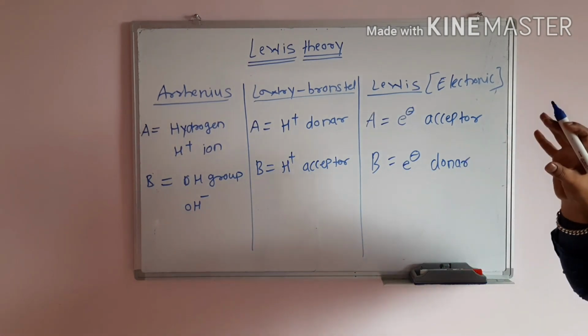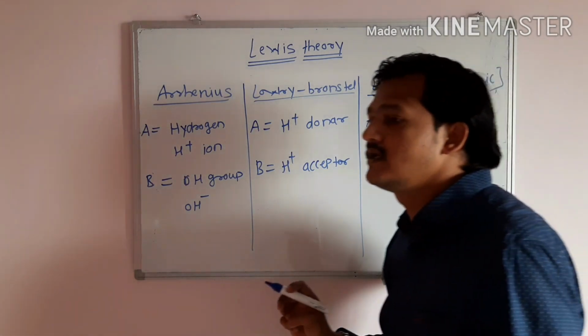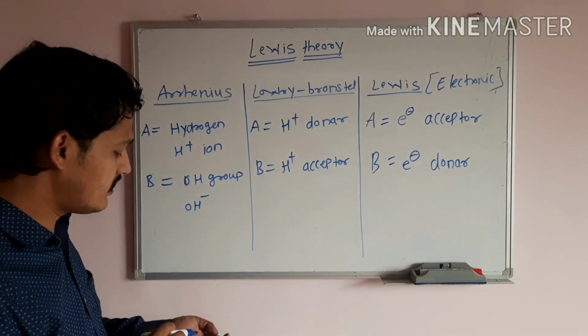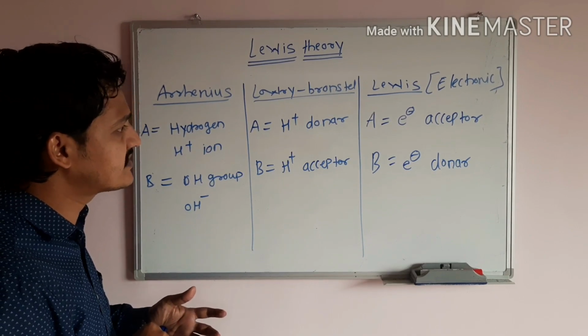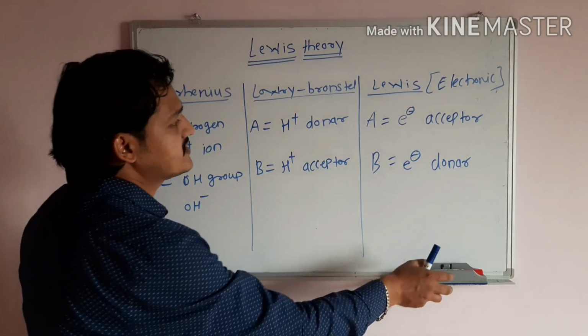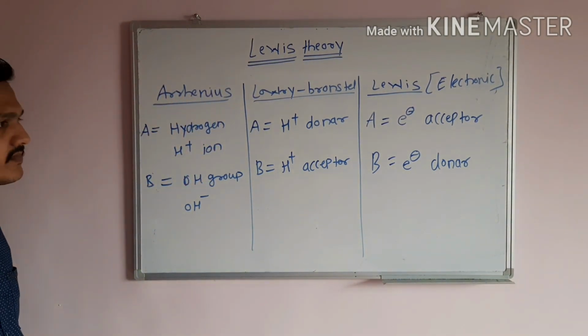This is how to write the shortcut regarding these theories, because these 3 theories are really very important for us. Now our total acid and base concept is clear. If you want to take a screenshot of this, you can.